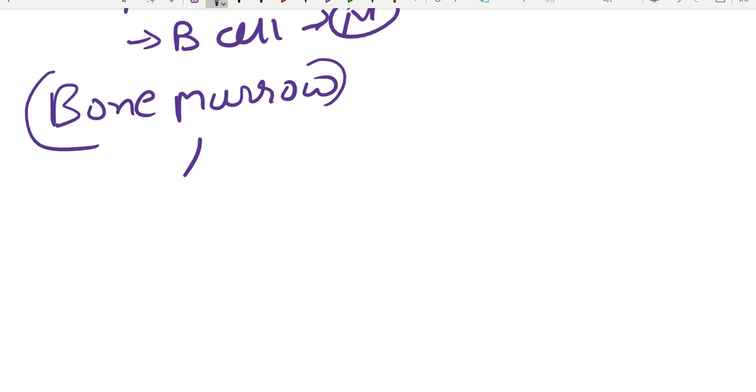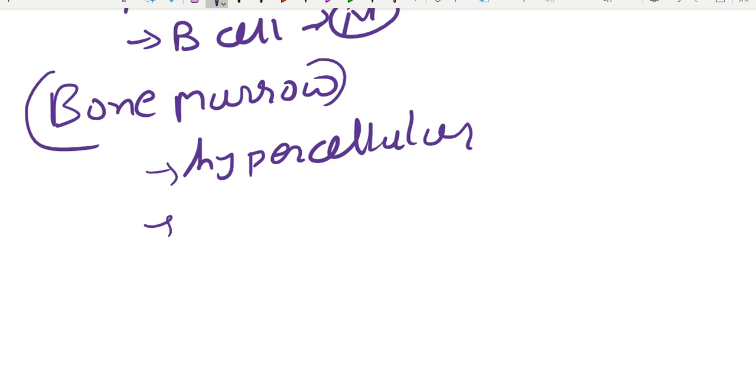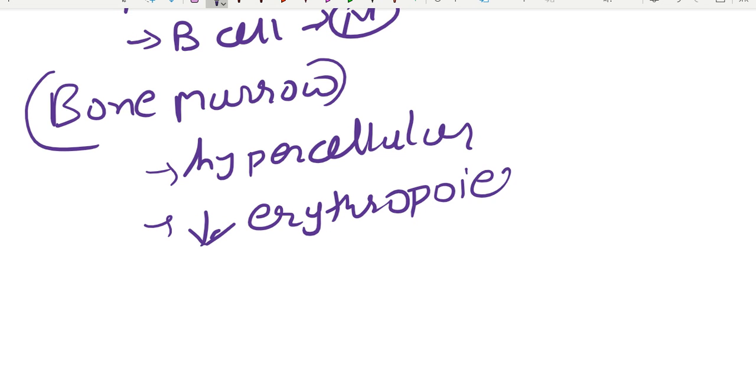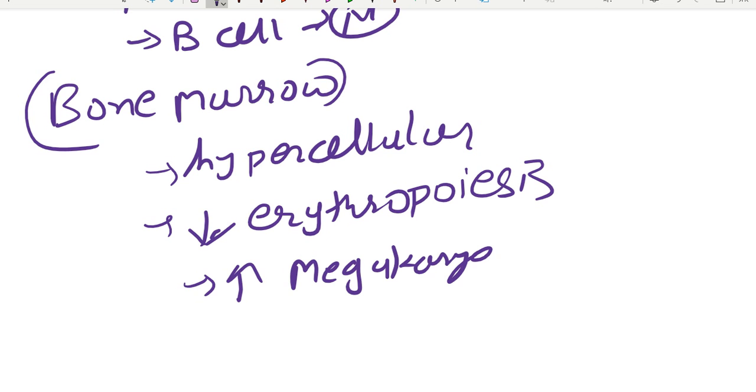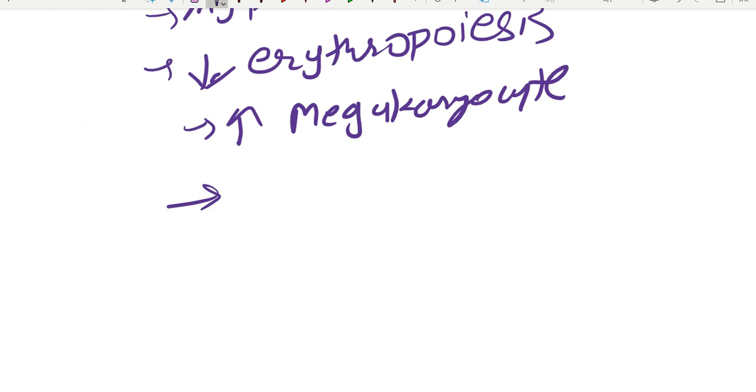Now we can see the bone marrow picture. Bone marrow is hypercellular, with decreased erythropoiesis and increased megakaryocytes.